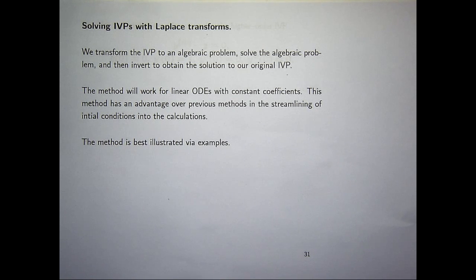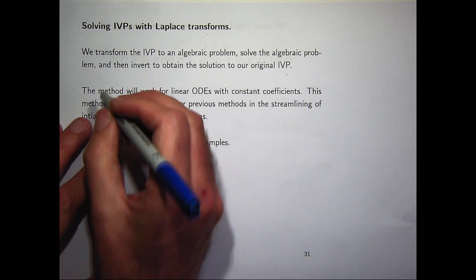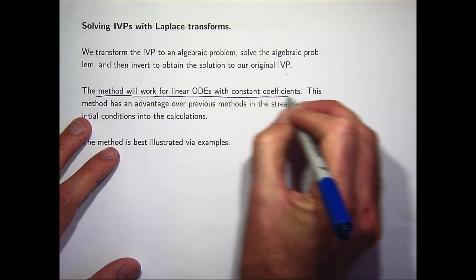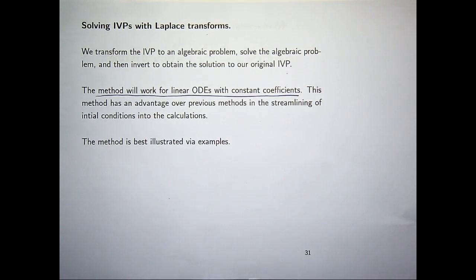So what method is this useful for? Well, linear ODEs with constant coefficients. In class we've been looking at first order and second order problems. Well, the Laplace transform can be used for third order, fourth order, as well as first and second order.